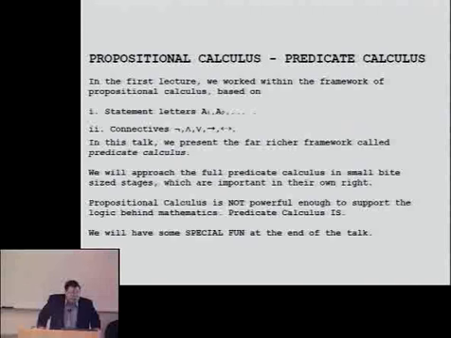So we know that propositional calculus is too puny to really handle the logic underlying mathematical thinking generally. But predicate calculus is powerful enough in various senses. Predicate calculus is the right framework.